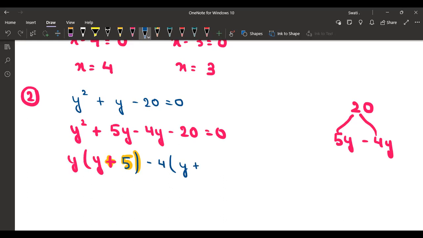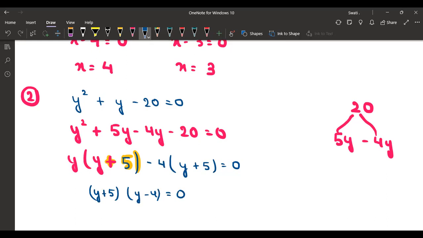So this will become plus 5, equal to 0. Remember, minus into plus is minus. That is why it should be plus only, because if I write minus here, it will become minus into minus, which is plus. Now, of course, y plus 5 is common. If I take y plus 5 common, I'm left with y minus 4, and that is equal to 0.